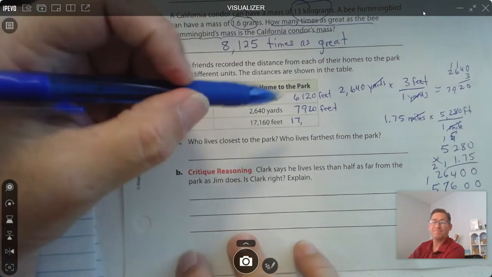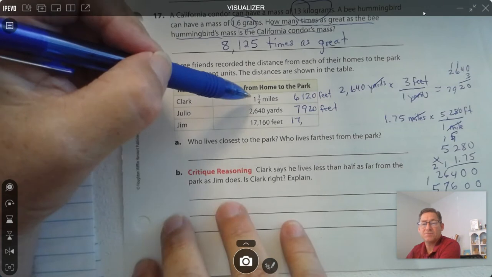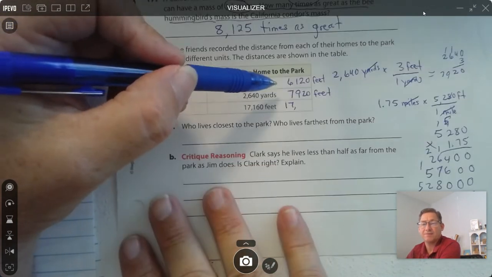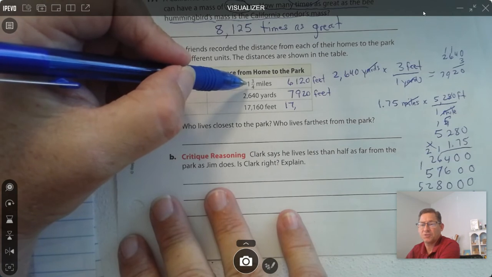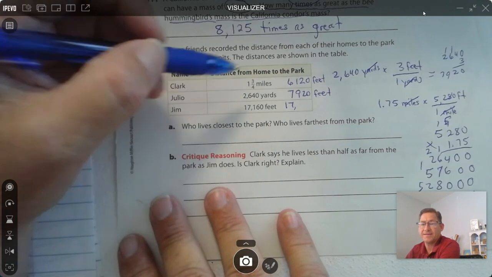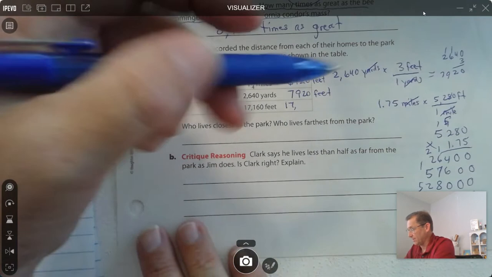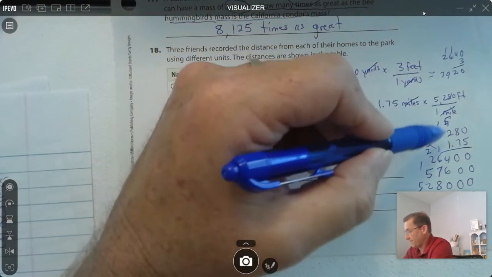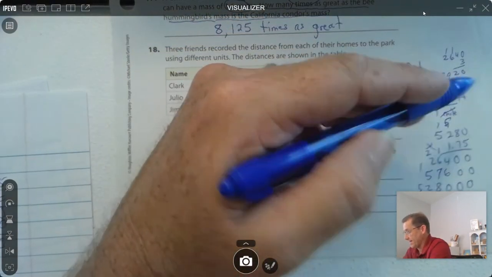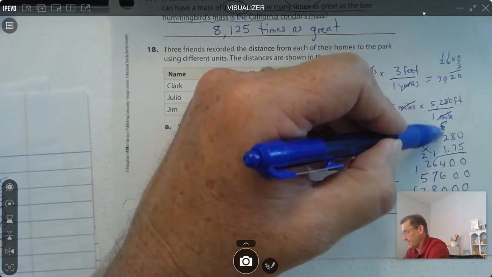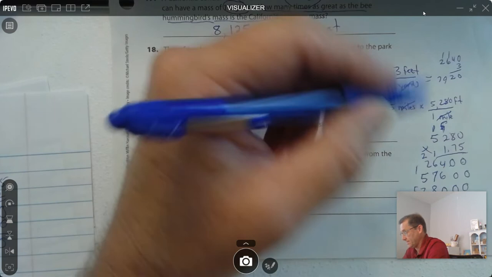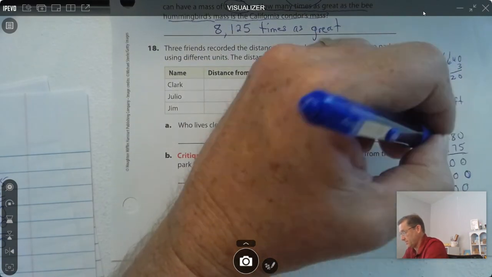No, that can't be right. I'm hesitating here on this one because it just doesn't seem like the right number, because this is almost 2 miles, right? So it should be about 10,000 feet. So let's see what I did wrong. So 1.75 times 5,280. 5 times 0, 8 times 5, 40, 14, 26. Okay, 0, 0.